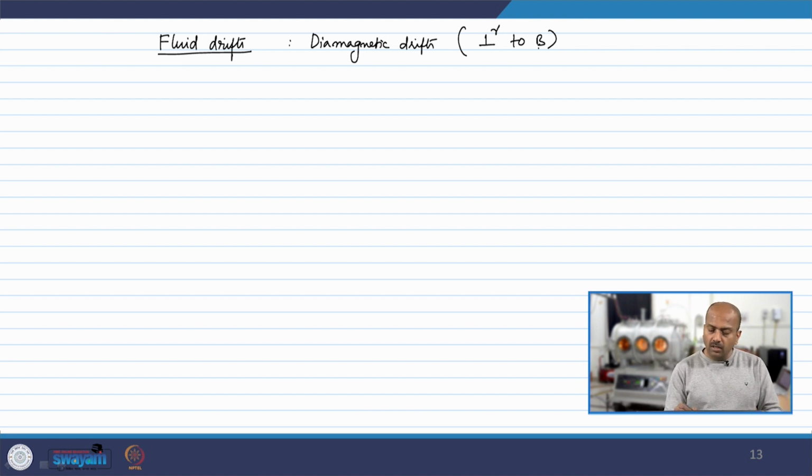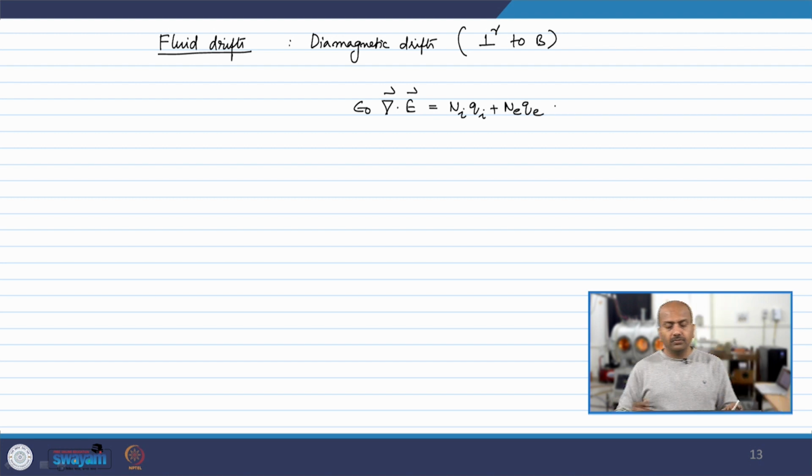Let us say we take the Maxwell equation epsilon naught times del dot E is Ni Qi plus Ne Qe, that is, number of particles per unit volume and charge per particle, right. So, we can start with this equation and the momentum equation.